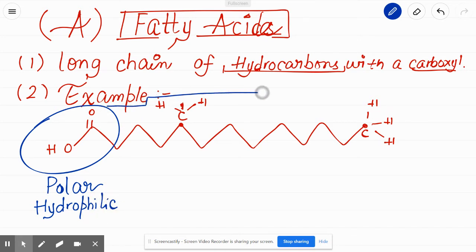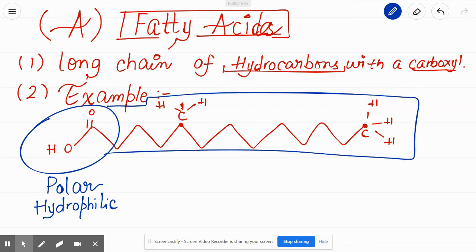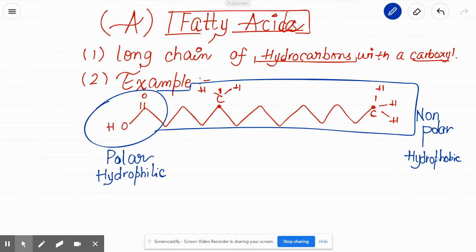And this section of our fatty acid is non-polar in nature, or hydrophobic. All right, so that was the basic information about fatty acids. Now on the next slide, we will take a look at what are the different types of fatty acids.